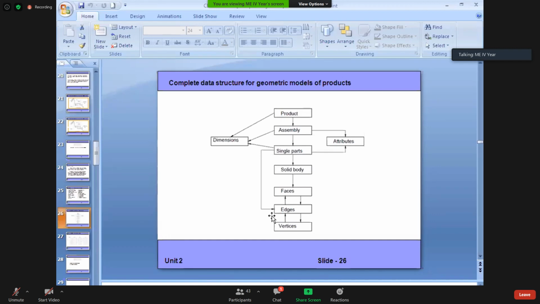So how much space does it occupy? Product assembly, single parts, solid body, faces, edges, vertices. If you move the cursor to a vertex of the product, automatically it will show vertex one, edge one, face one. It will show that in your CAD package or not?